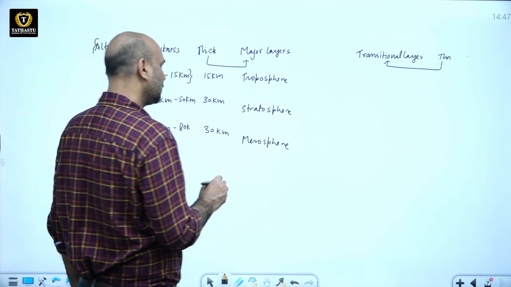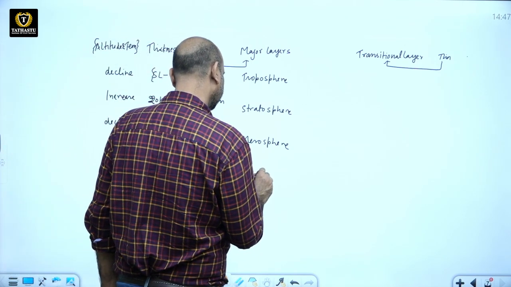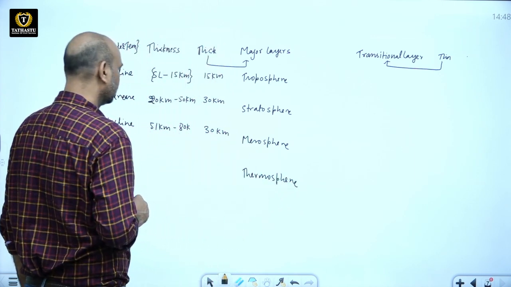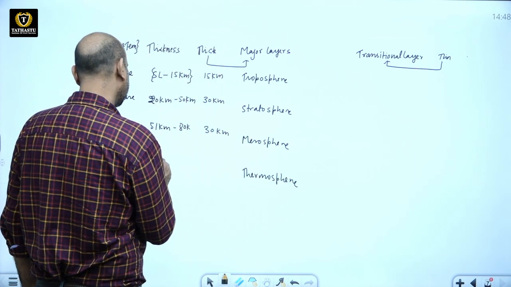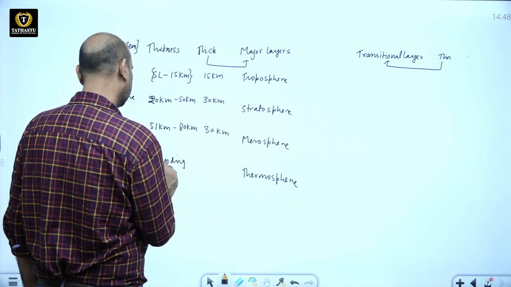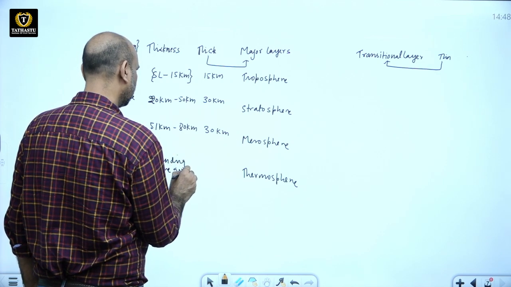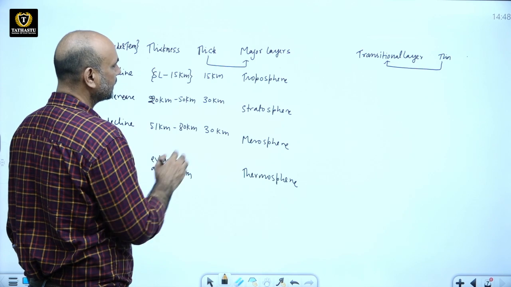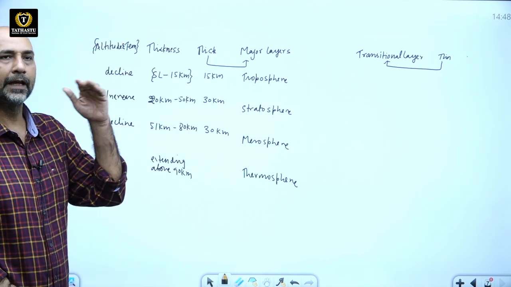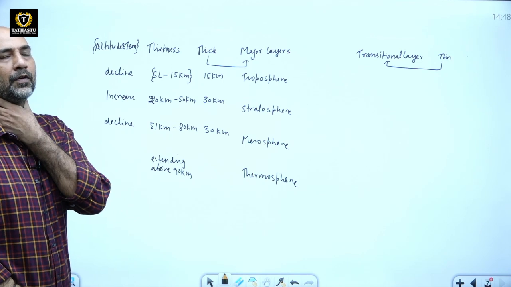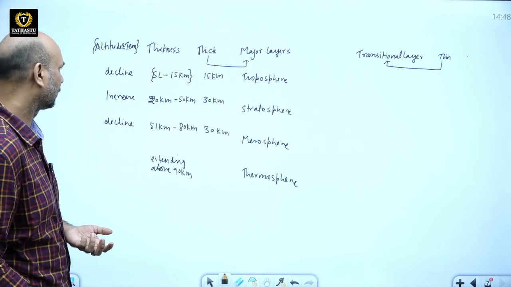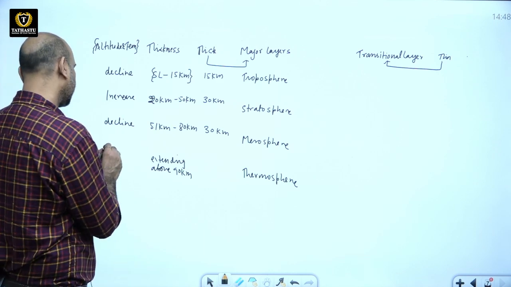And above mesosphere we have thermosphere. It is extending above 90 kilometer. So this is going to be the thickest layer, extending up to the atmospheric top, which is highly rarefied. And here again temperature increases.